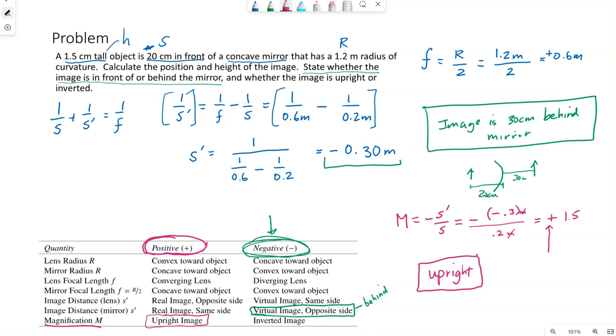Now the other portion of this question is that it asked for the height of the image. That comes from knowing the absolute value of the magnification and the height of the object. Absolute value of the magnification is the height of the image over the height of the object. Everything with a prime is relating to an image.